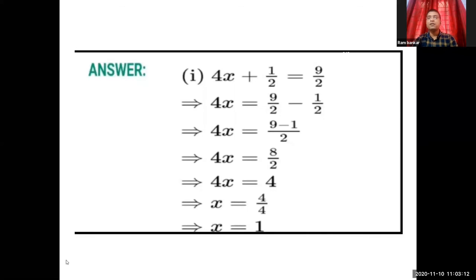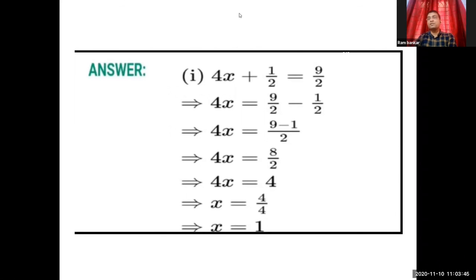So in the second step, 4x is equal to 9 minus 1 upon 2. Okay. So look at the third step. It is solved. 4x is equal to 9 minus 1. How much? 9 minus 1, 8. 8 upon 2. So 4x is equal to 8 upon 2. What will be the answer? Count the table of 2 till 8. 2 fours are 8. So 4 is the answer. 4x is equal to 4.